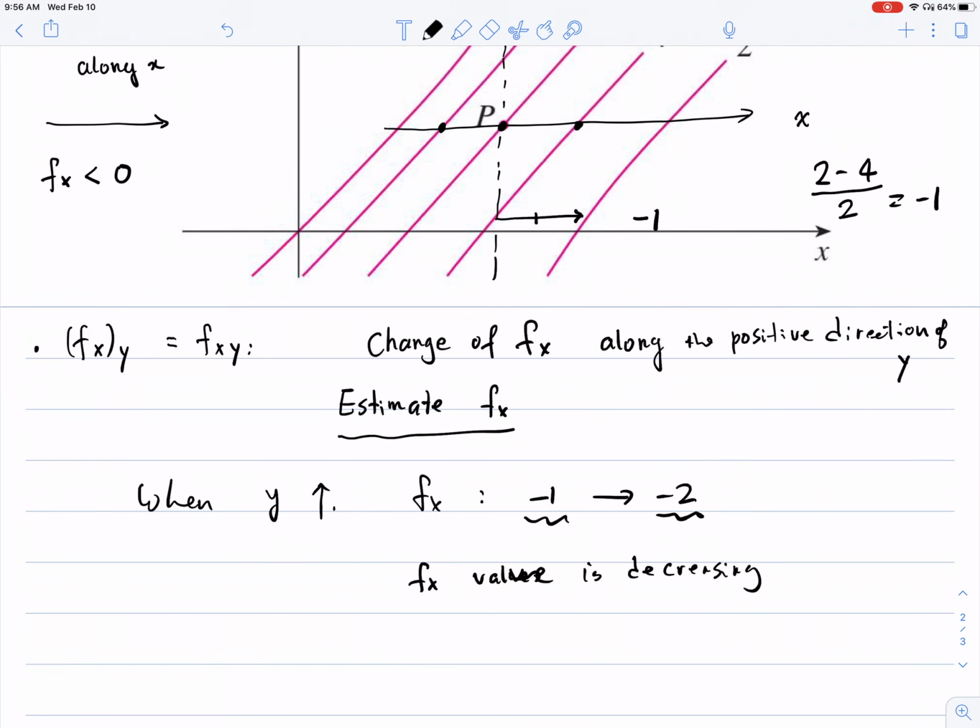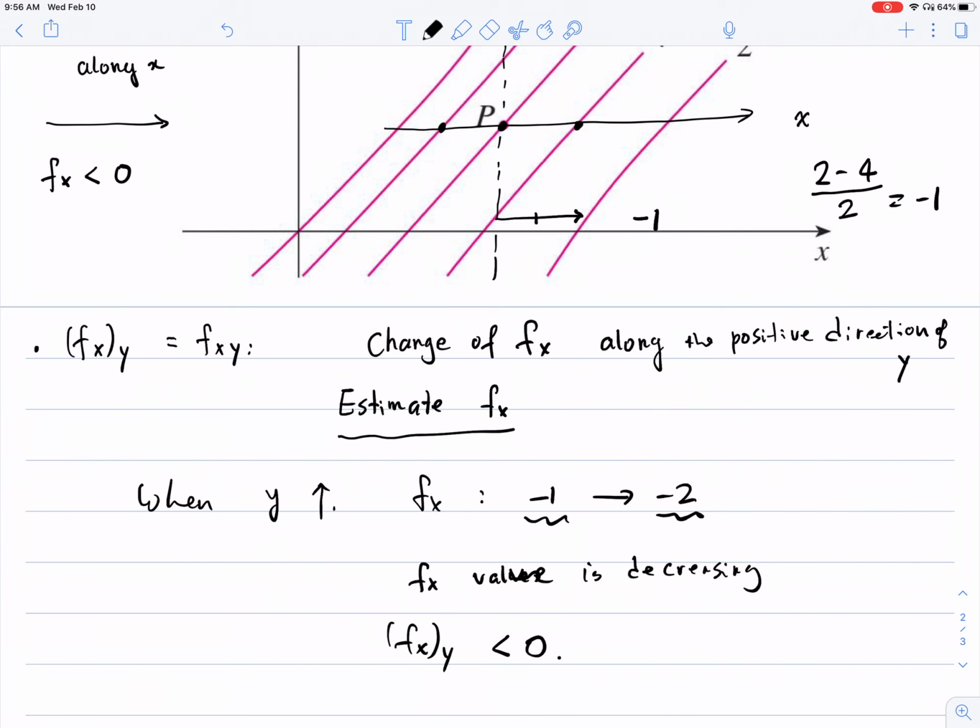It's getting smaller because it's -2, even though the absolute value is getting bigger. So what it means is that f_x, this derivative over here, will be negative. Okay. So we need to be very careful when the value itself is negative. We cannot just say whether it's going to be steeper or not. We need to look at actual values or estimate the values over there.